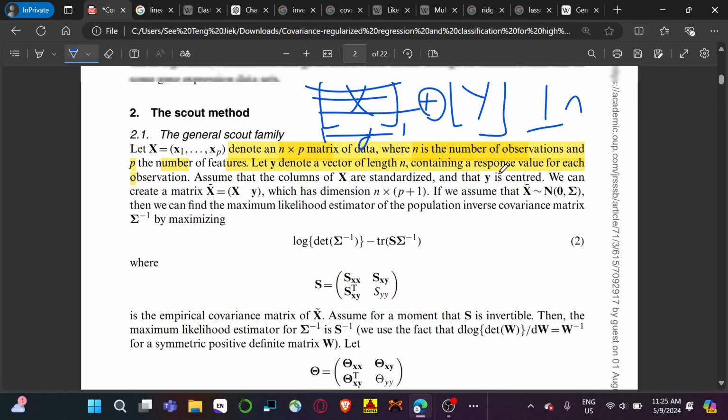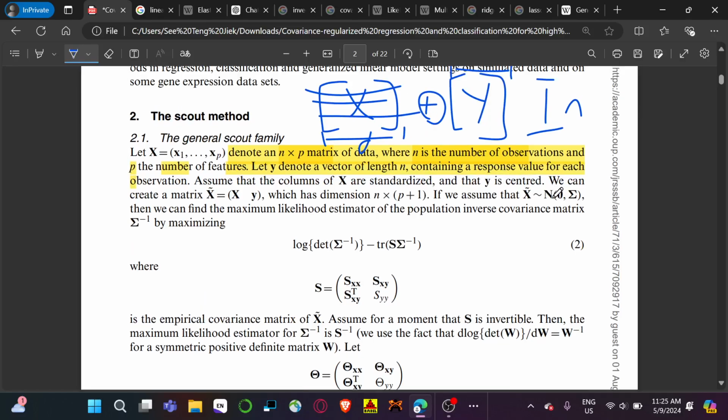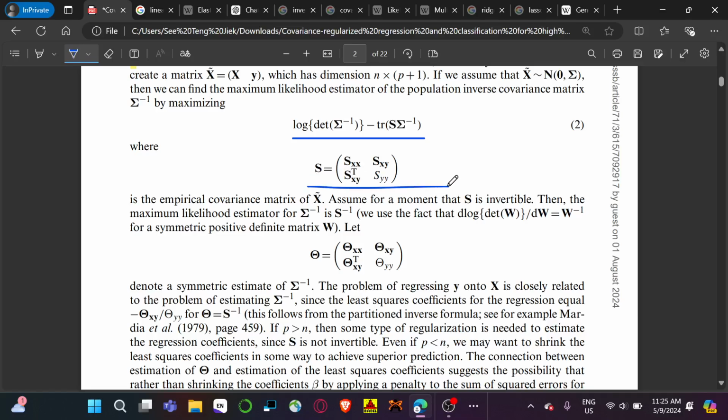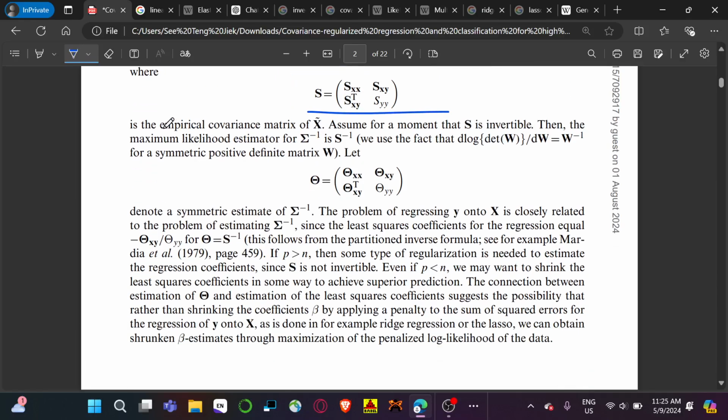If we assume that this follows some kind of a normal distribution, then we can find the maximum likelihood estimate by maximizing this term right here, where S equals this term.